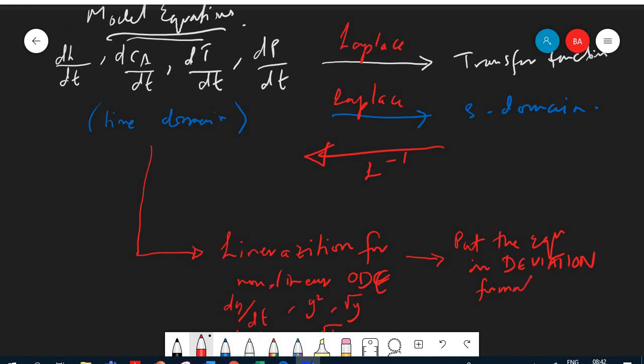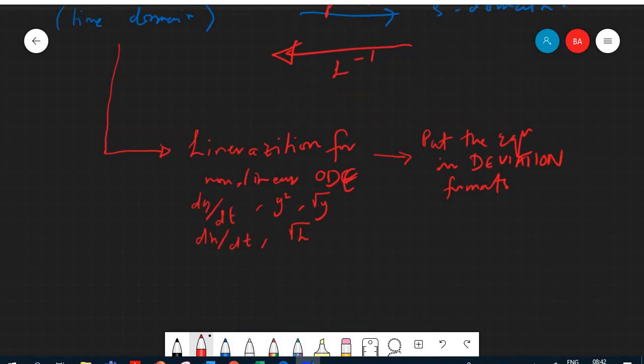And the reason we put them in deviation format is that we want to study the change of the effect, right? So the effect of the input on the output. And how do we see the effect? So we see the effect of delta u on delta y.